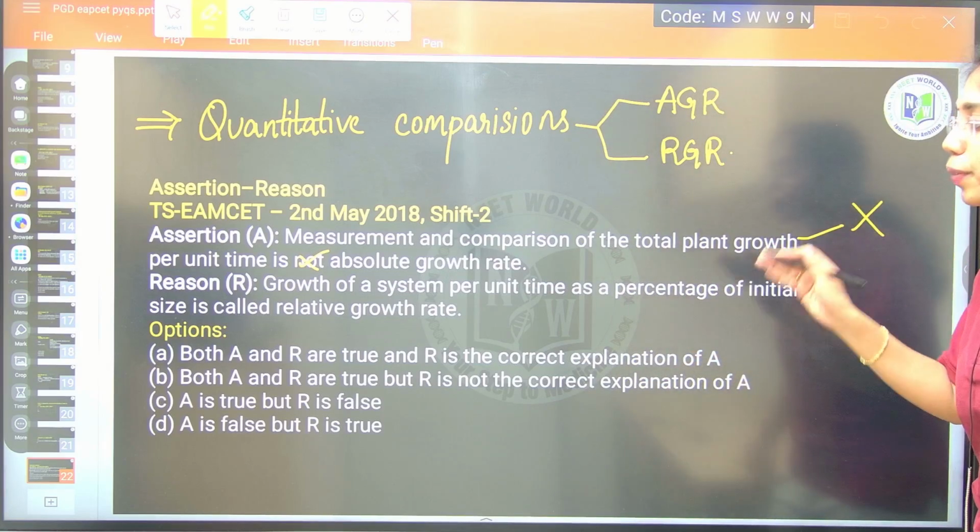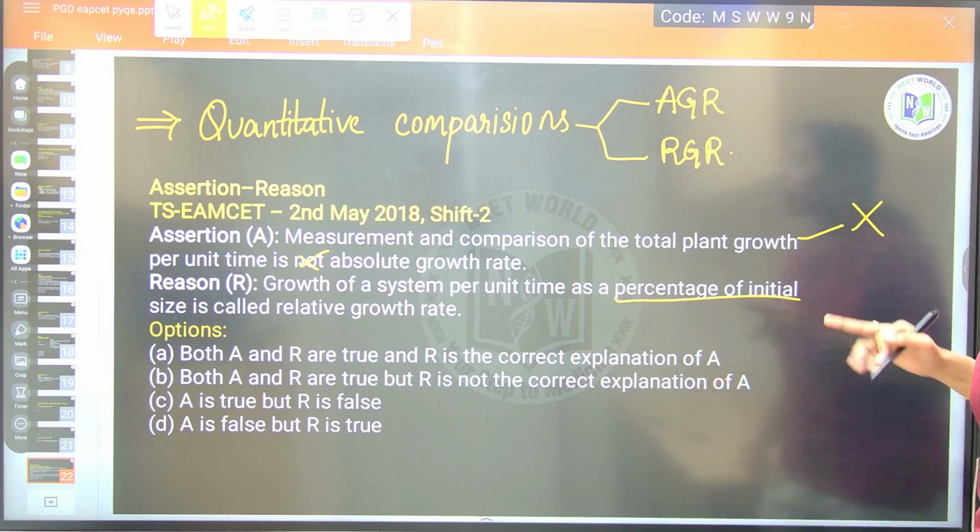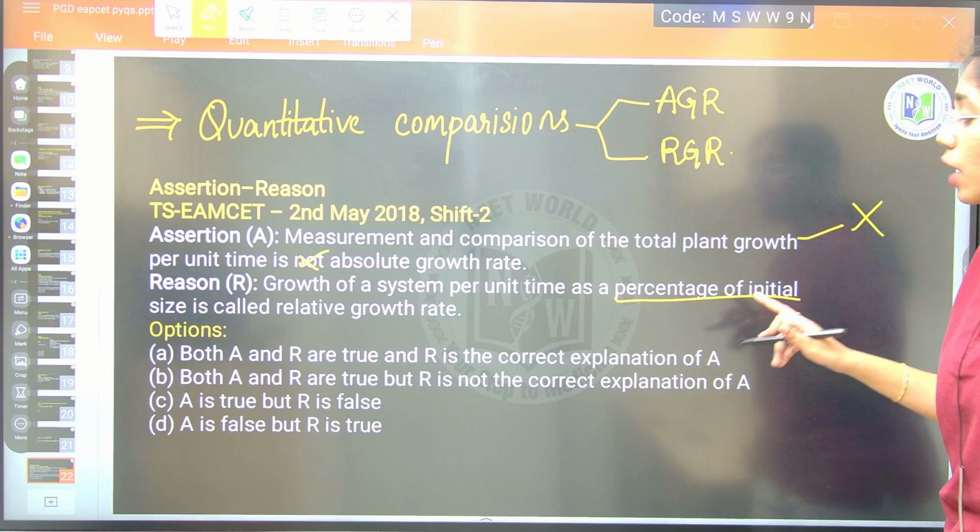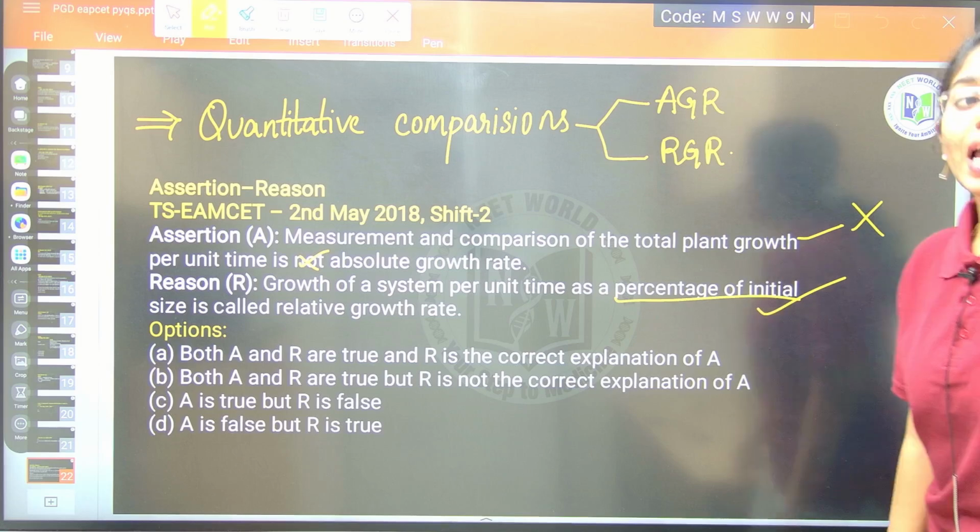Growth of a system per unit time expressed as a percentage of initial size is called relative growth rate, which is true.